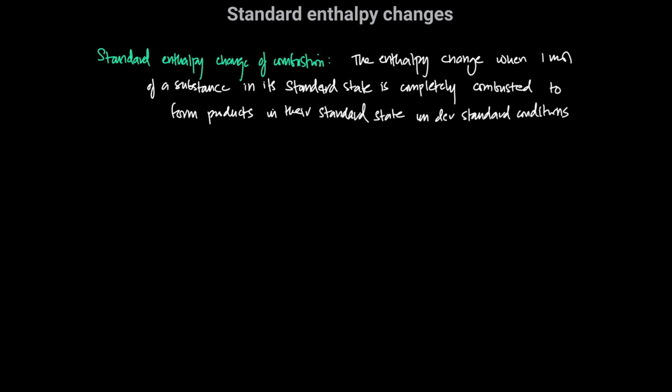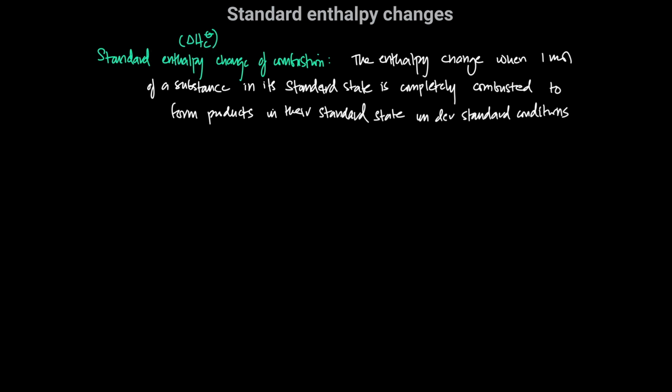So the symbol that we use for this is just delta HC, but in this case we also have a theta to denote standard conditions. Delta HC is enthalpy change of combustion, but the theta means that it is the standard enthalpy change.